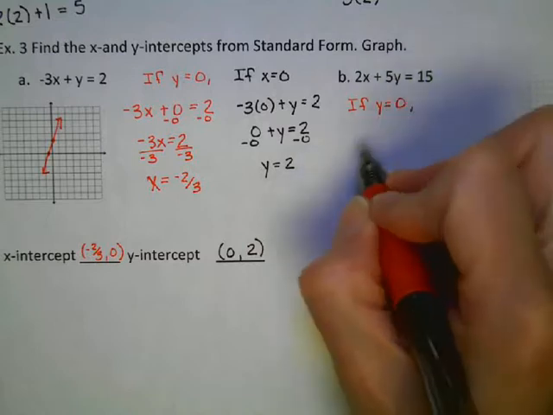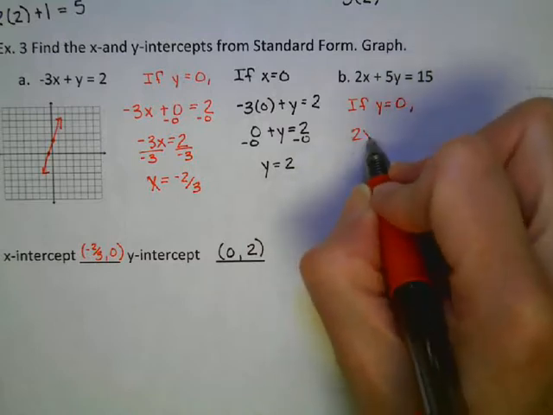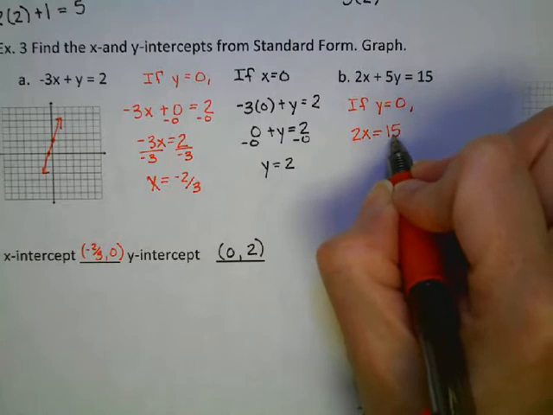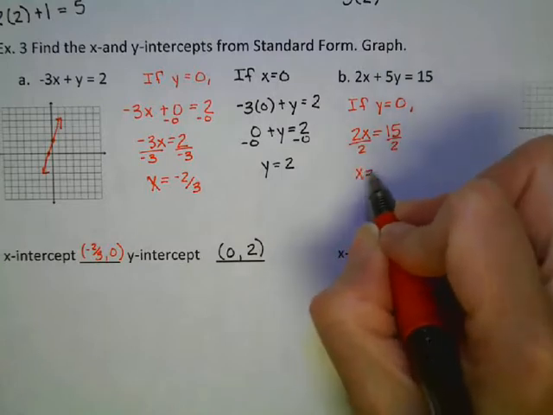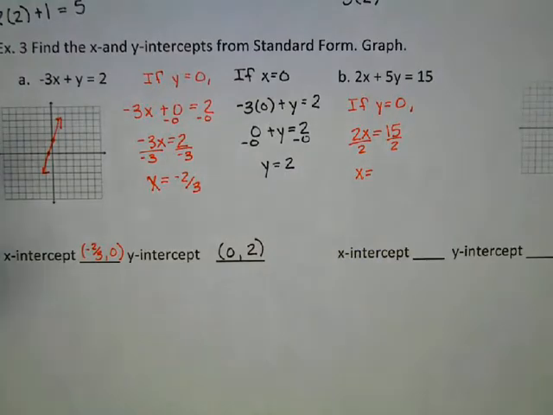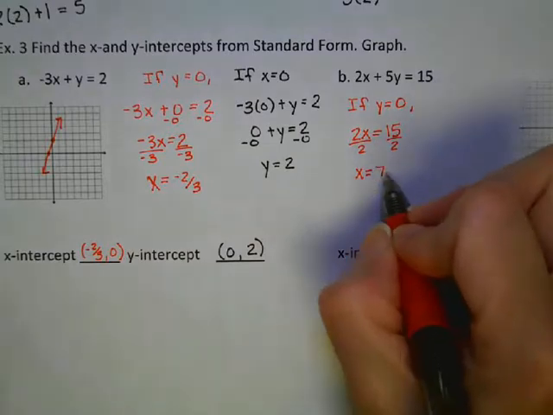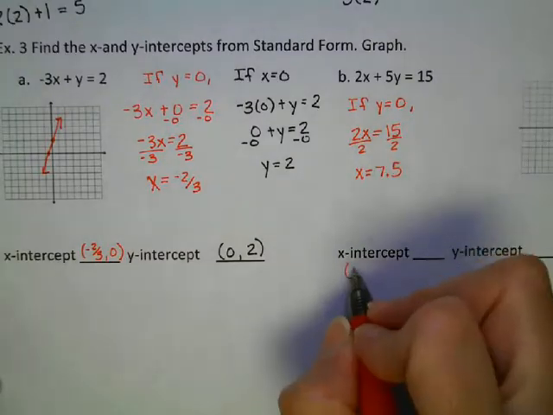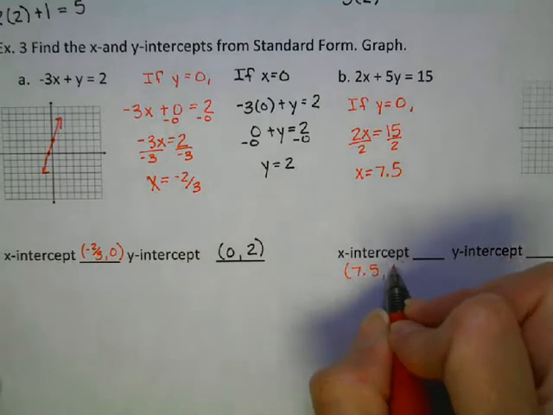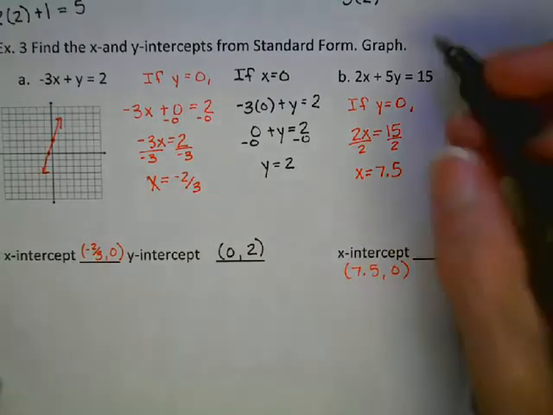So if y equals 0, then there's no y's in the problem. You get 2x equals 15. Divide by 2, divide by 2. The x would equal 15 divided by 2. It's 7.5. Let's double check. Okay, so at this point, the x-intercept is going to be 7.5, 0.